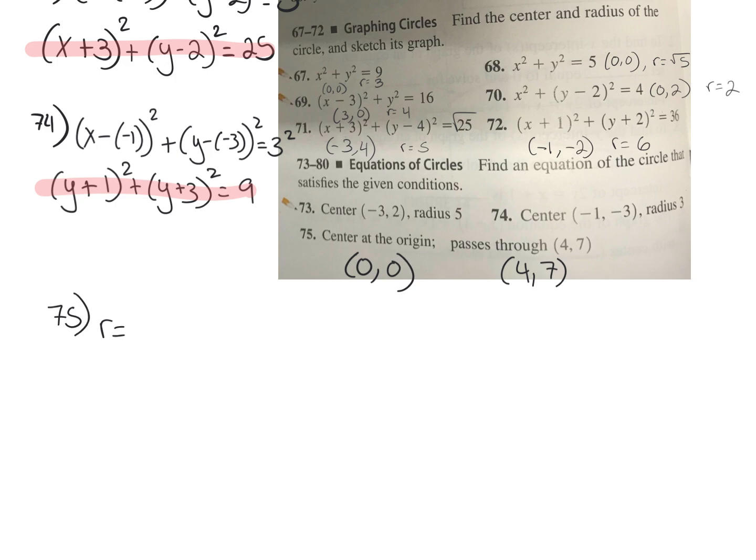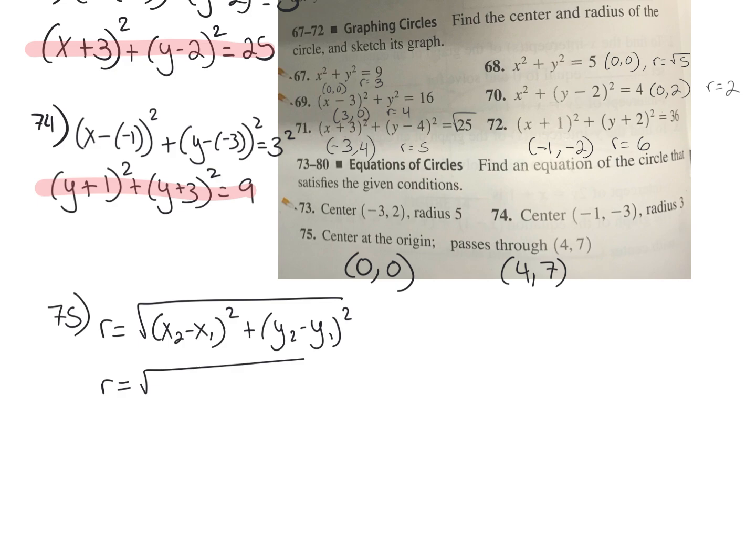So the radius is the distance formula: x2 minus x1 squared plus y2 minus y1 squared. I'm just going to choose these to be my 2's and these to be my 1's. So I chose my 4 and 7 to be my 2's and my 0, 0 to be the 1.